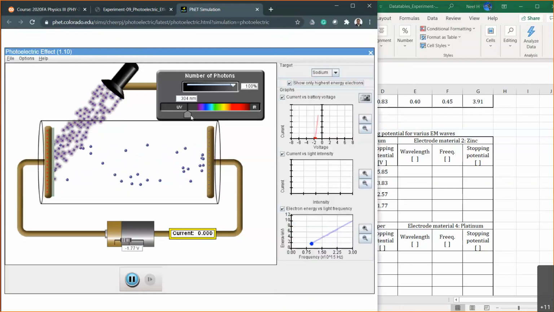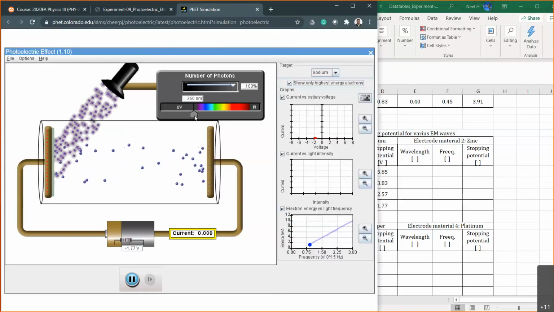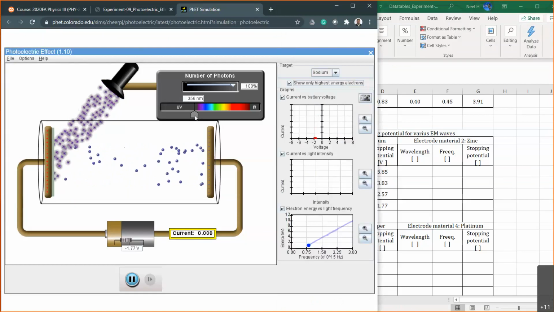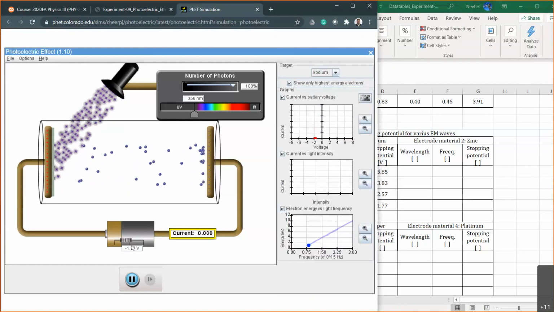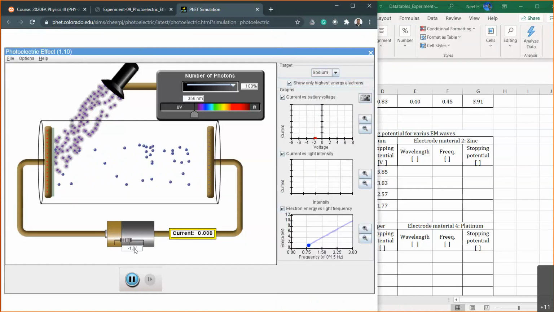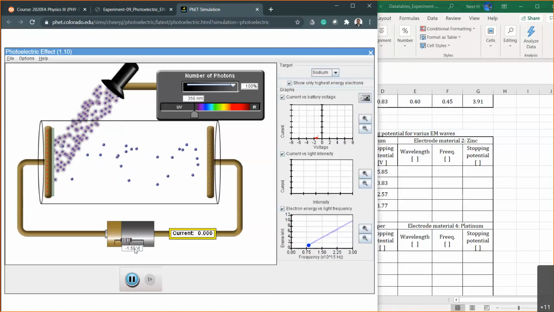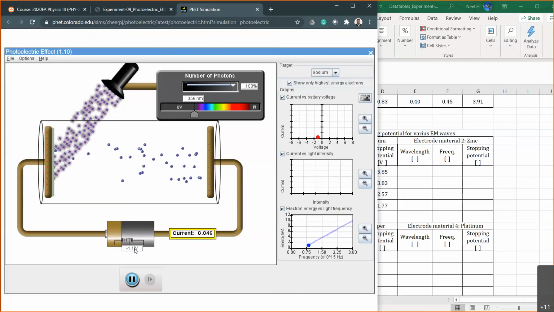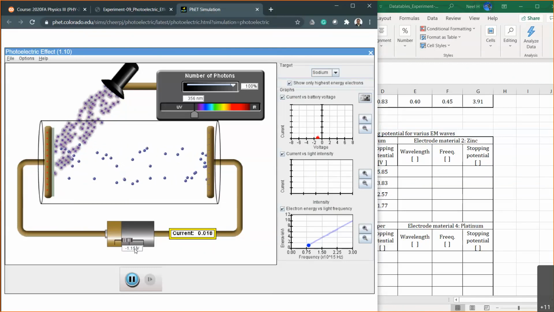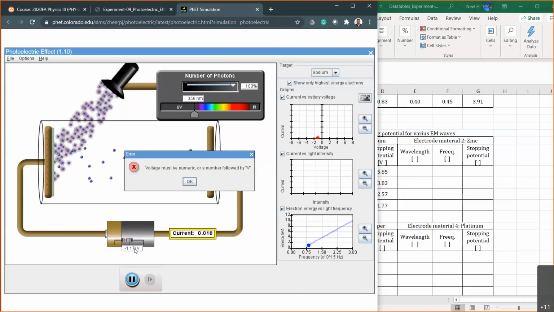Let's try one more, and let's try 350, then it is very close to the visible region. 1.5 is already 0, maybe too high. 1.1, there's a number. 1.15, 1.17.